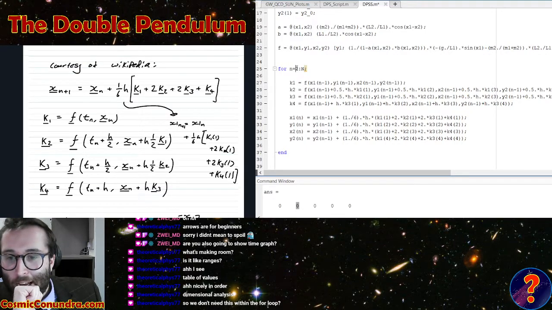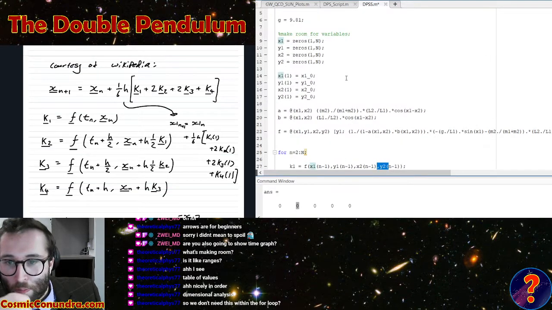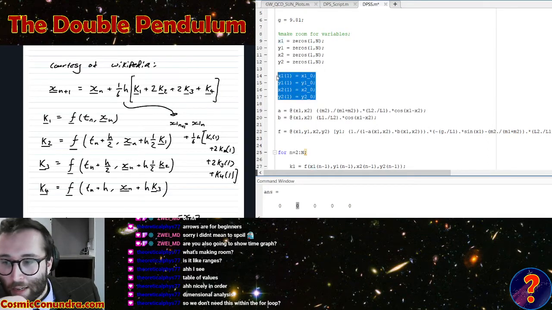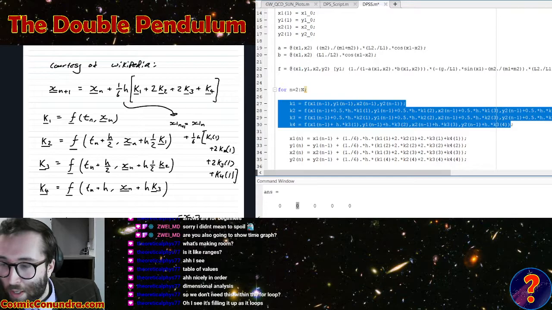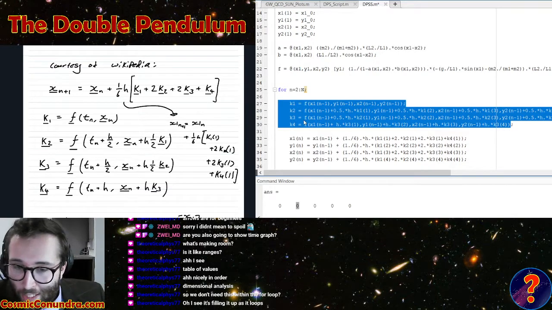When n equals 2, it calculates these k1s by taking the function f of the first value of x1, y1, x2, and y2, which we defined explicitly as input variables of our function for our initial conditions. So it calculates all of these k3, k4, and so on. It's filling up as it loops.